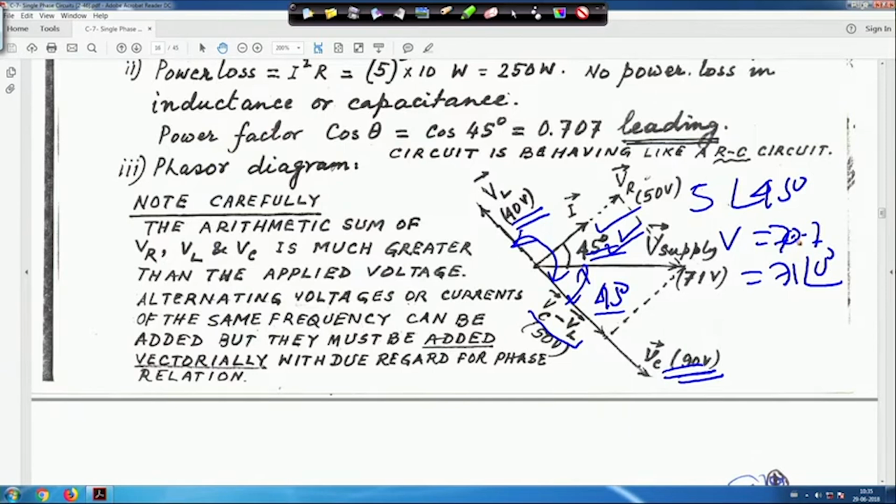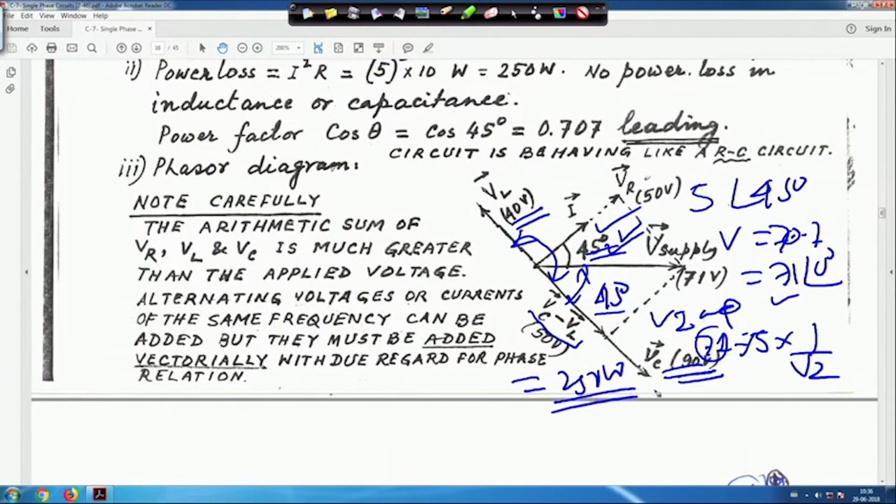So you can easily find the power. V I cos theta, where V is 71, the RMS value, I is 5, and cos theta is cos 45 degree, that is 1 upon root 2. This 71 by root 2 is approximately 50, so the power is 250 watt. This is the power V I cos theta.